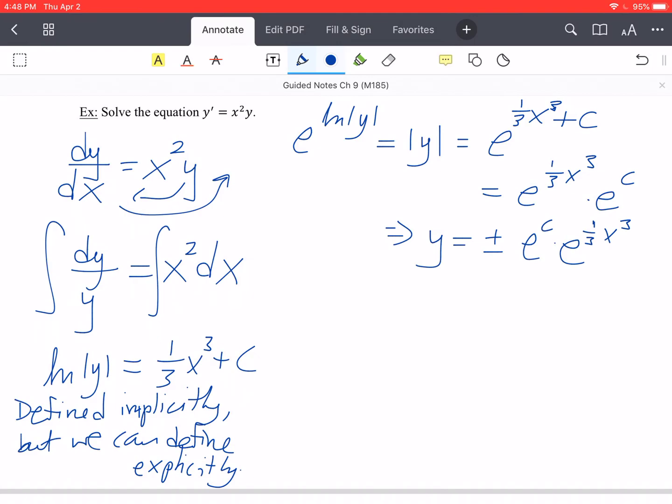And then what we're going to do is for this e to the c term, we're going to let a equal e to the c, or a equal negative e to the c, and let a be arbitrary.